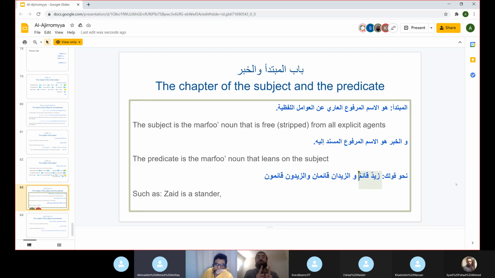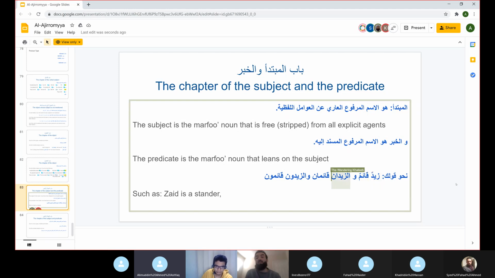For example, if the subject is singular, the predicate needs to be singular. If the subject is dual, the predicate needs to be dual. And if the subject is plural, the predicate needs to be plural, right? So you cannot have a singular subject and a plural predicate. You cannot say Zaydun qa'imuna. It does not make sense. So that's why in the first one you see Zayd is singular, Qa'im is singular.